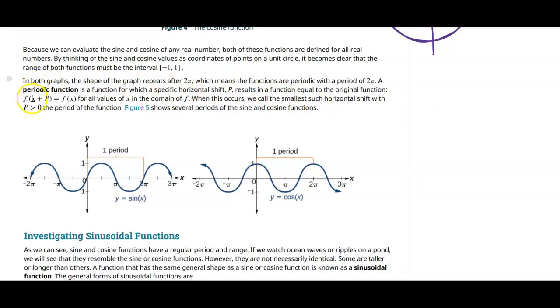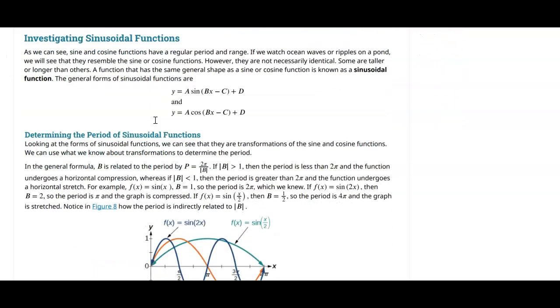What that means is f of x plus the period, or f of x plus 2 pi, will get you directly back to the original f of x value. For example, if I go out to another pi over 2 past 2 pi, that's the exact same output as f of pi over 2. Same thing for cosine.